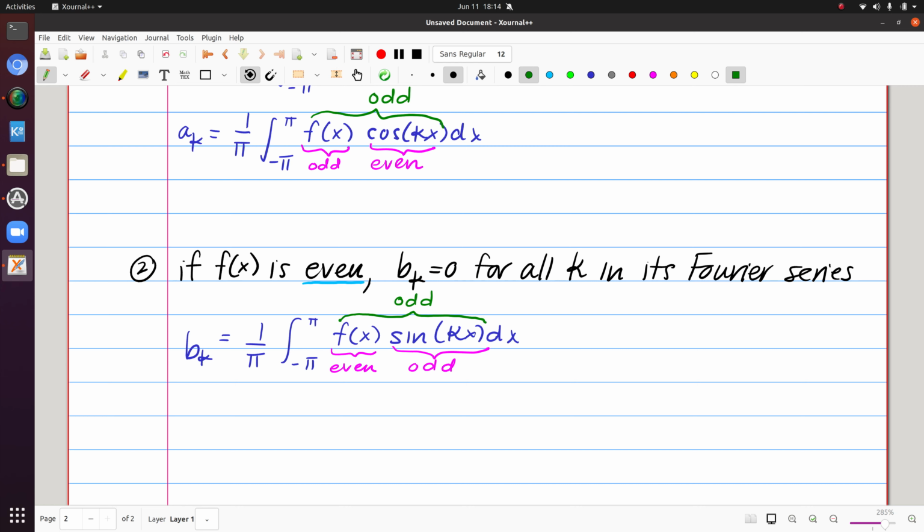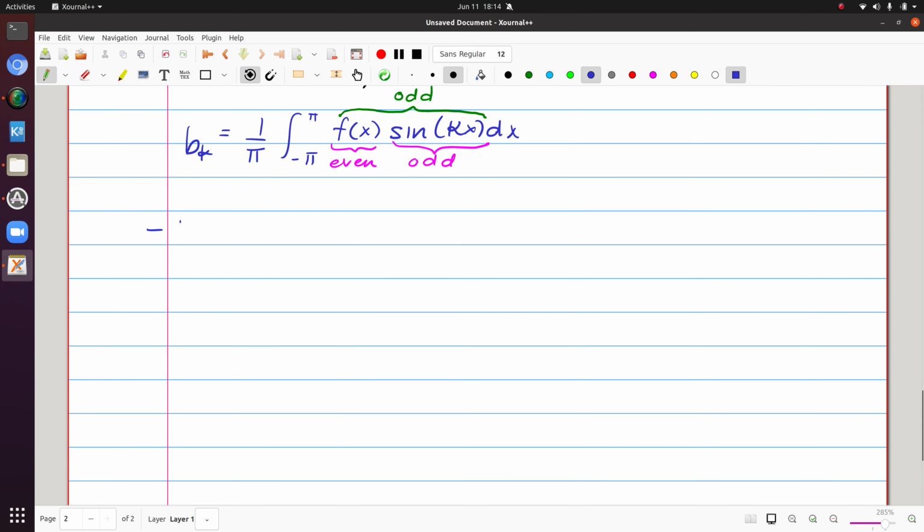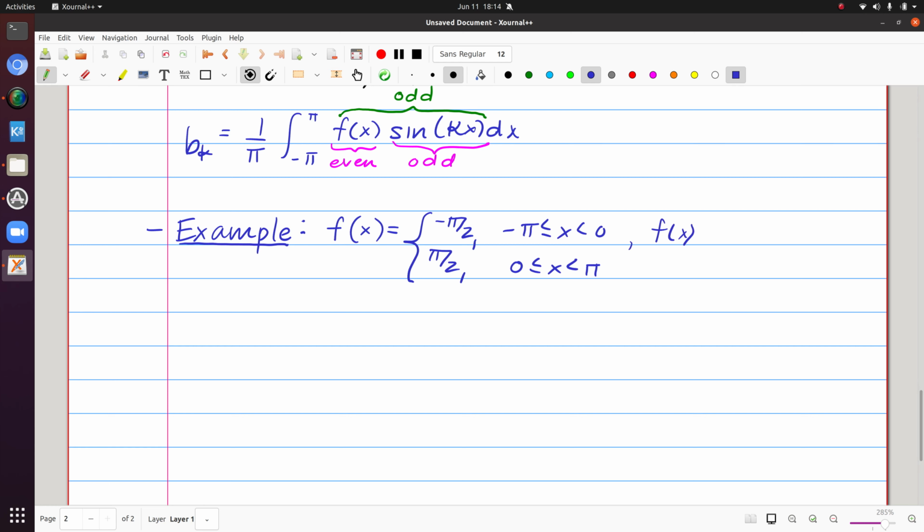In the previous video, we looked at a process of finding the Fourier series for, let me just write it back down, the function f of x that was defined to be minus pi over 2 when negative pi is less than or equal to x less than 0, and positive pi over 2 when 0 is less than or equal to x less than pi. And f of x, we said, is a 2 pi periodic function.